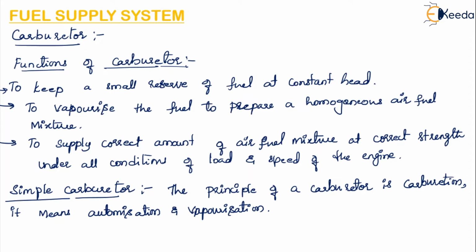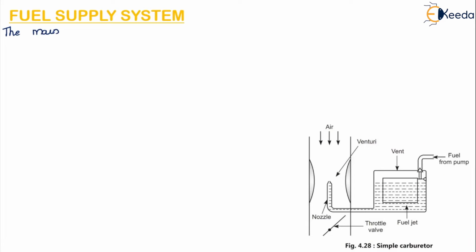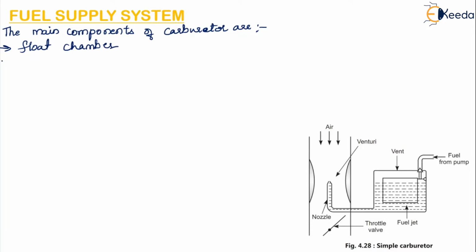Okay. So the main components of the carburetor are: it consists of a float chamber, then there is a fuel jet, then there is a venturi, then there is a nozzle, then there is a throttle valve.